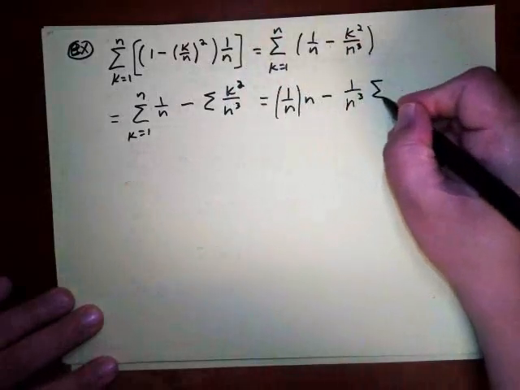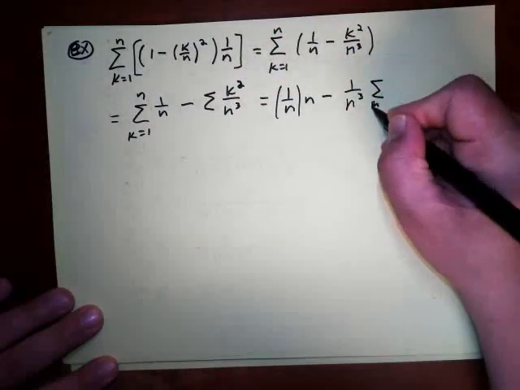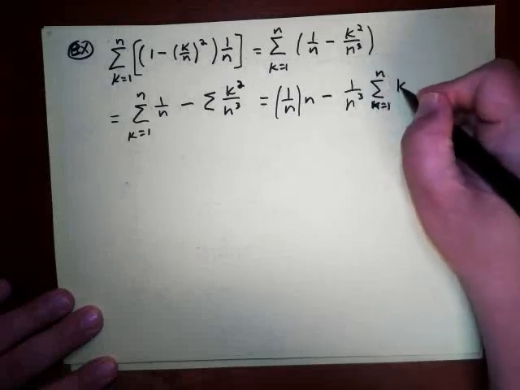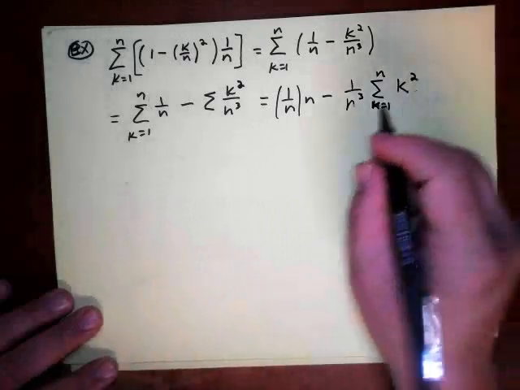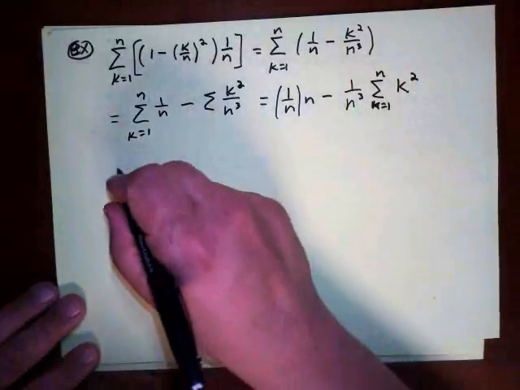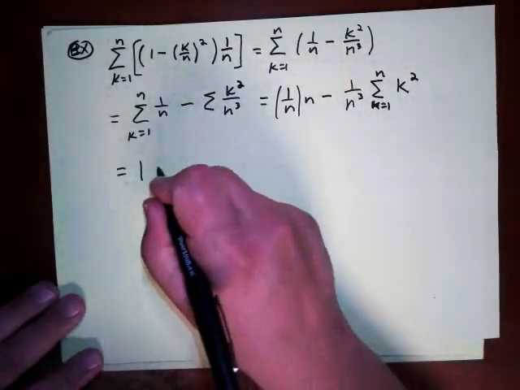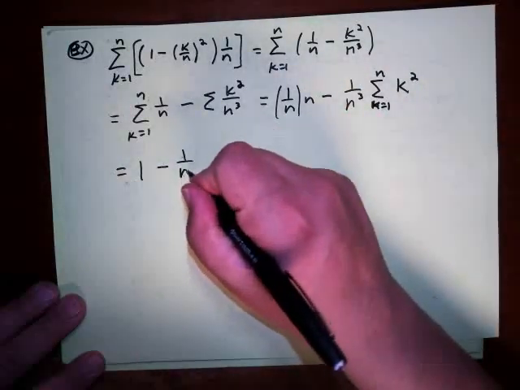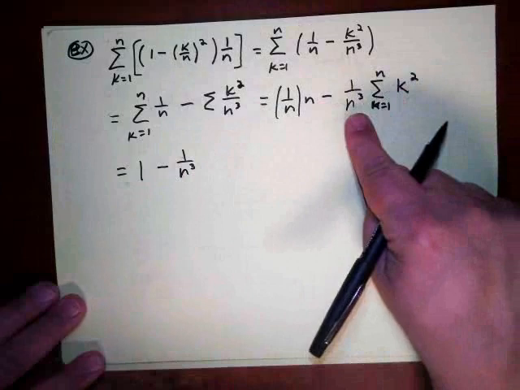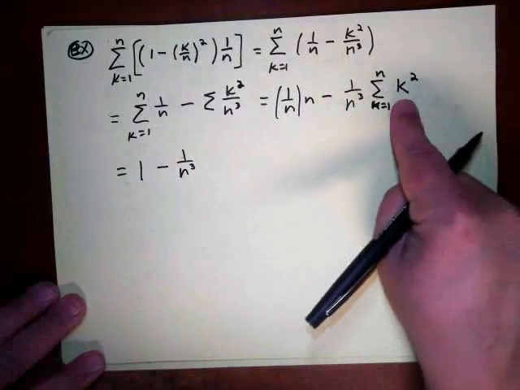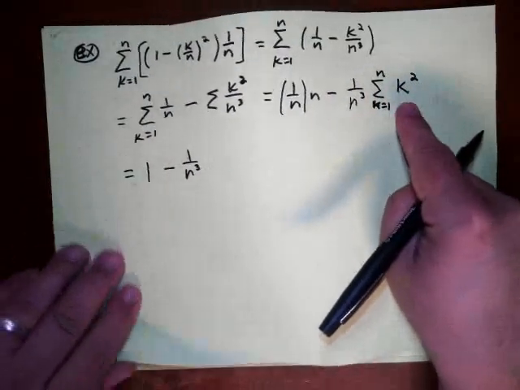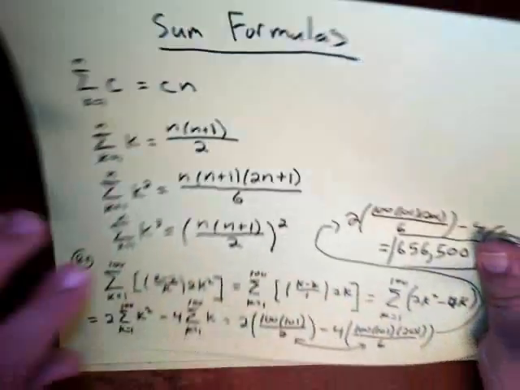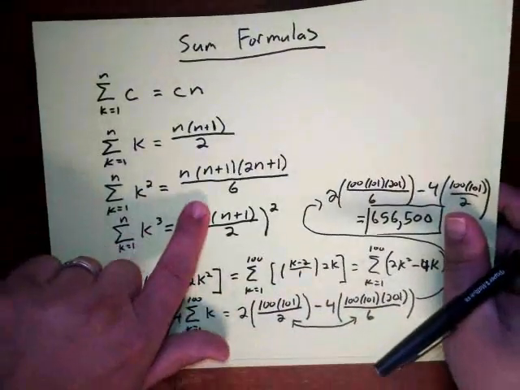And this is the sum as k goes from 1 to n of k squared. Okay, so this just becomes 1 minus, and now this is 1 over n cubed, and then the sum involving k squared, we can use this formula.